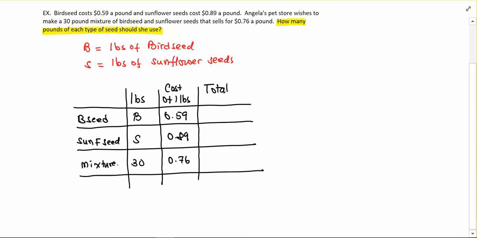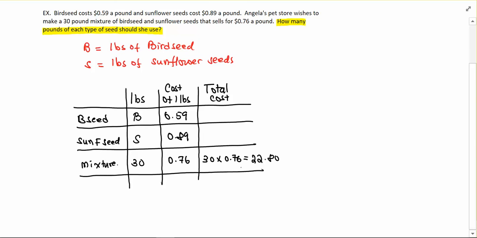So total cost. And the total cost, clearly, let's start with this last row. If you have 30 pounds and each pound costs 76 cents, then this would be 30 times 76, or what would that be? 30 times 0.76, which is $22.80.